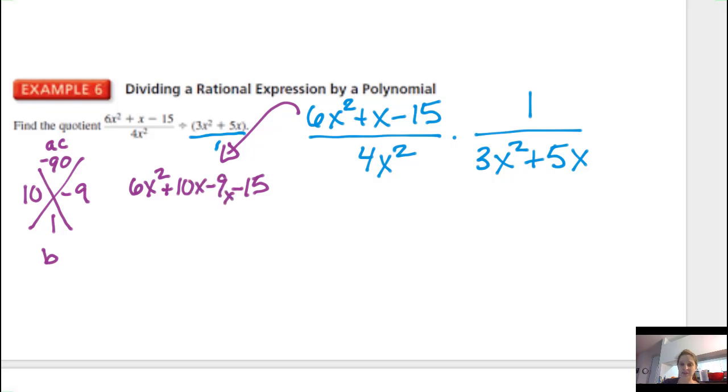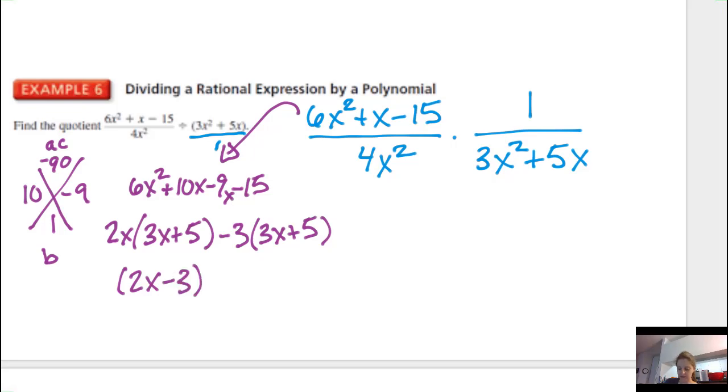Now I'll factor by grouping. I'll take out a 2x and leave 3x plus 5 behind. I'll take out a minus 3 and leave 3x plus 5 behind. Great, and this can be rewritten as 2x minus 3 times 3x plus 5.